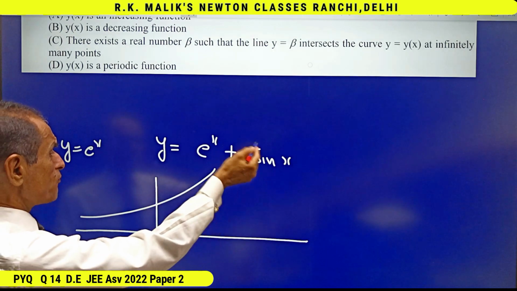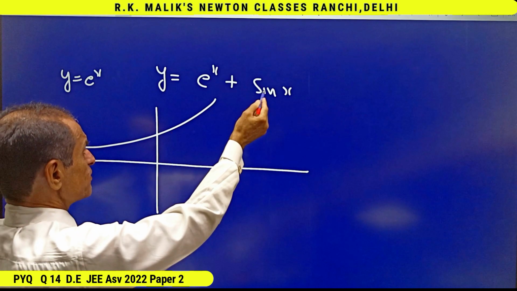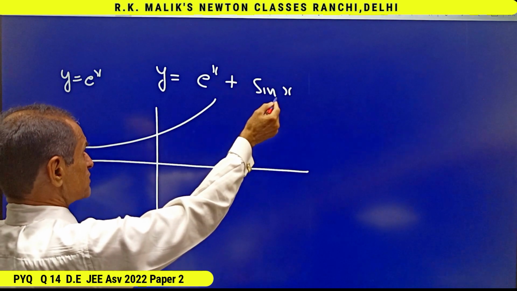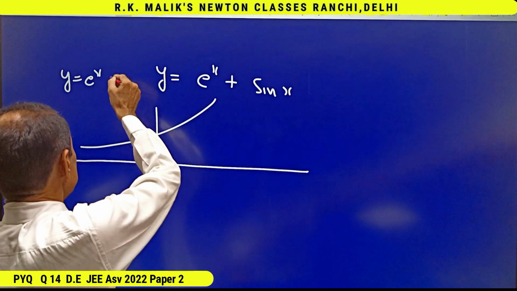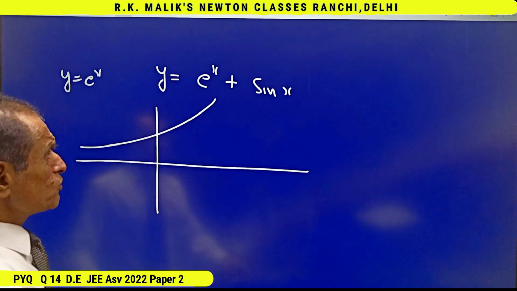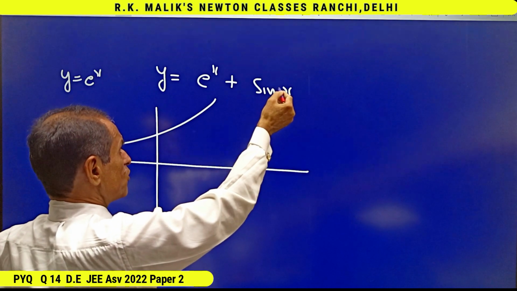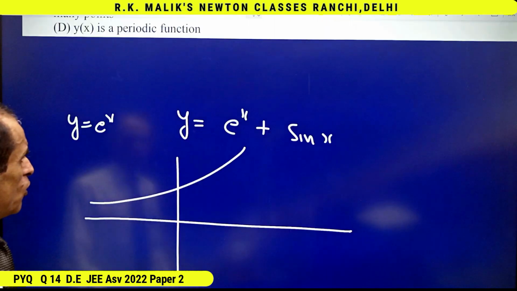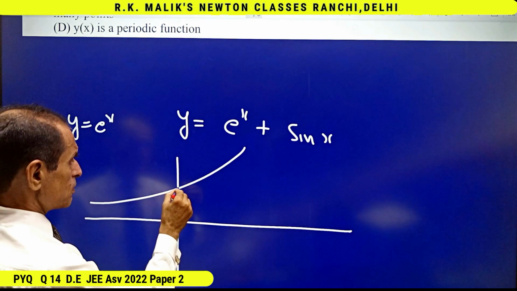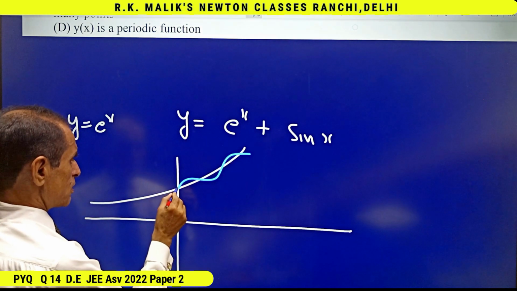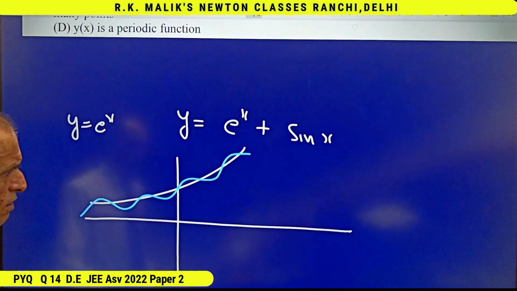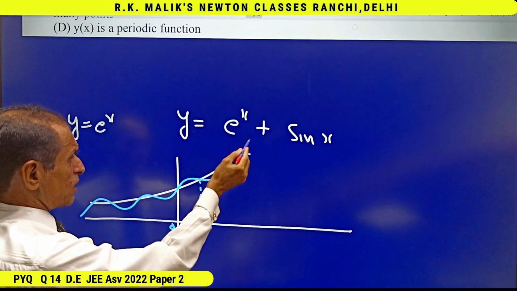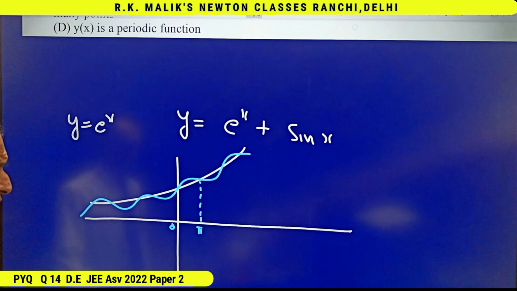It is clear that for the values of x for which sin x is positive, the graph of this will be above the graph of e to the power x. And for the values of x for which sin x is negative, the graph of this will be below the graph of e to the power x. Obviously, from 0 to pi, the graph of this will be above the graph of e to the power x.